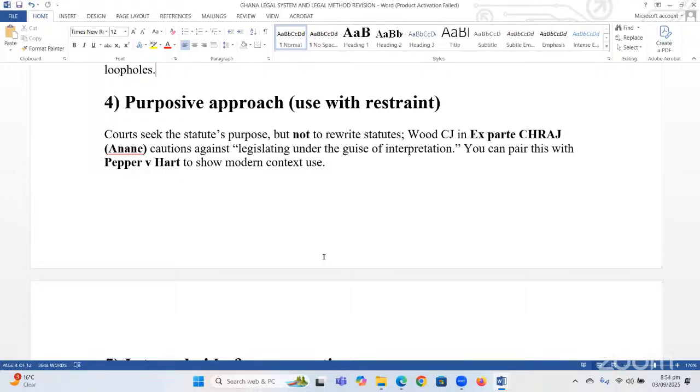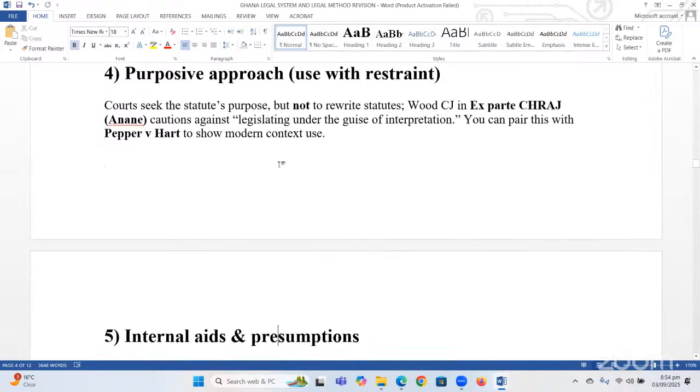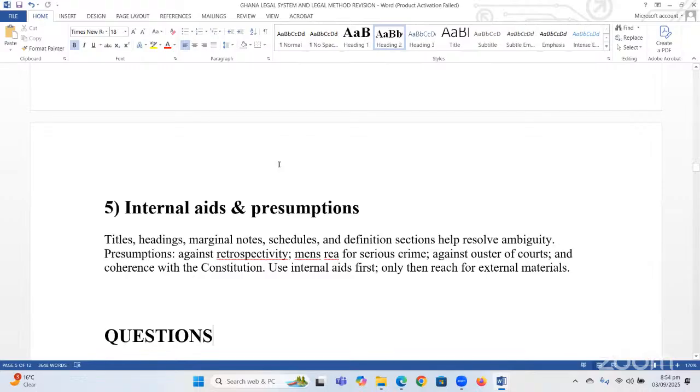If there were any reports and other travaux préparatoires, they can all be looked at to help the court understand what the lawmaker was trying to achieve.